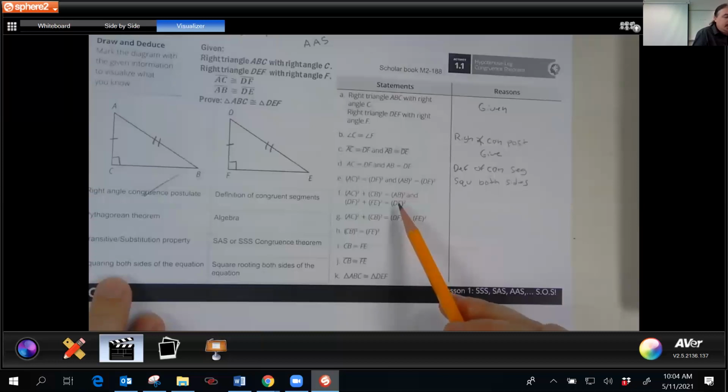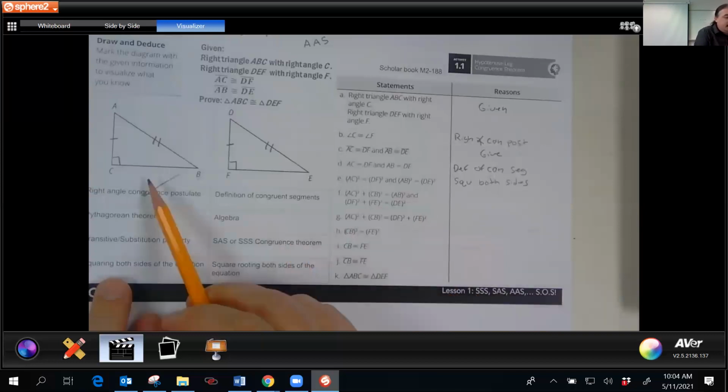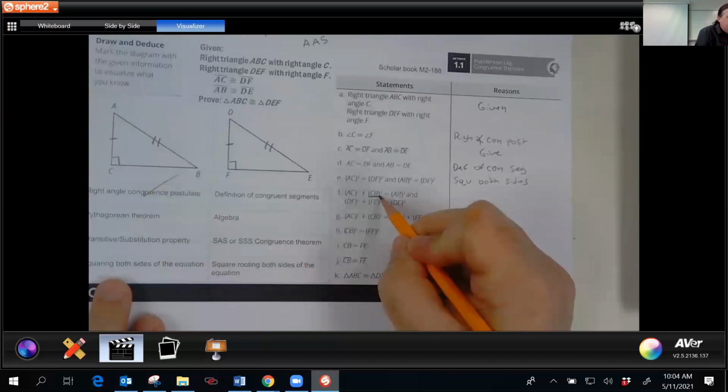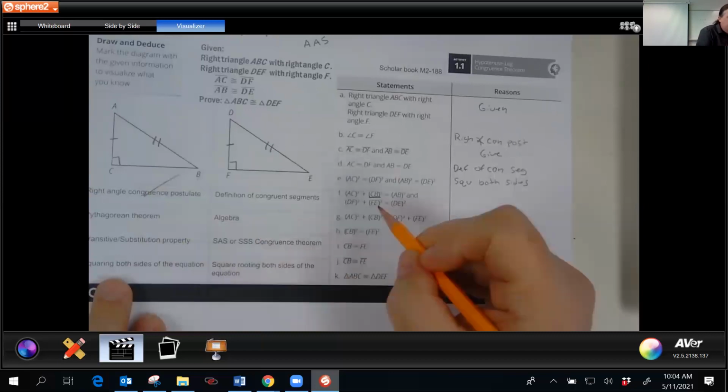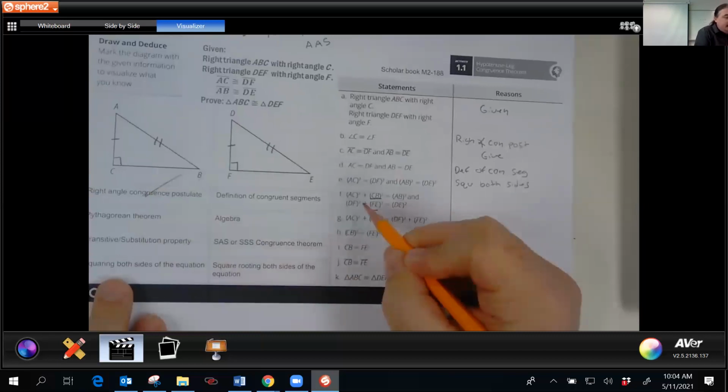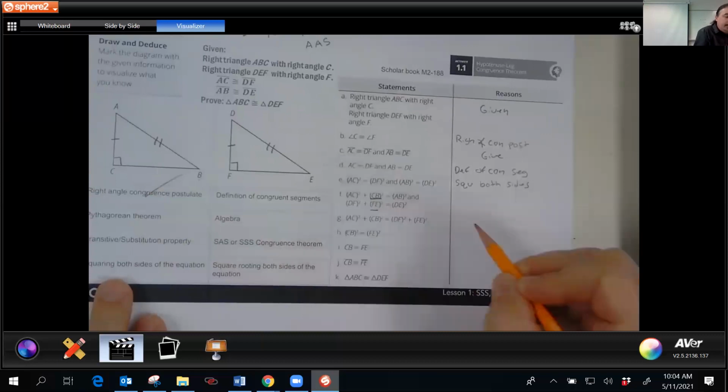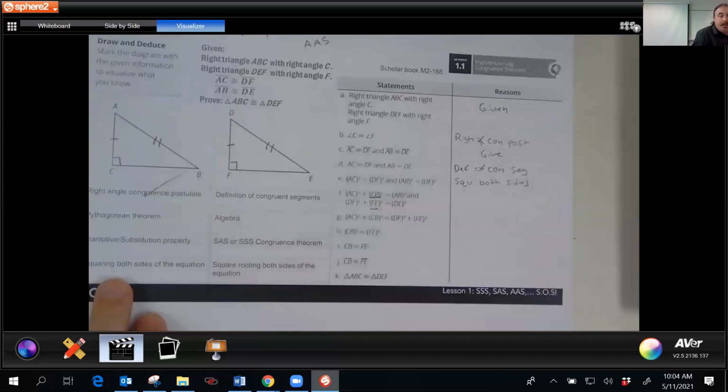The only thing that's changed is now we have an addition going on here. We have something that's being added in here, a piece that wasn't once there. In our case here, CB is added in, FE is added in, but everything else is set up. And it looks to me that the author of this proof is using the Pythagorean theorem.